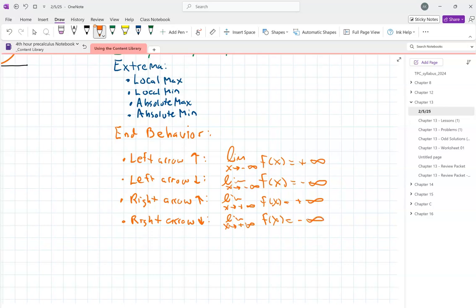So symbolically, these are saying the same thing as when the right arrow points up or points down.